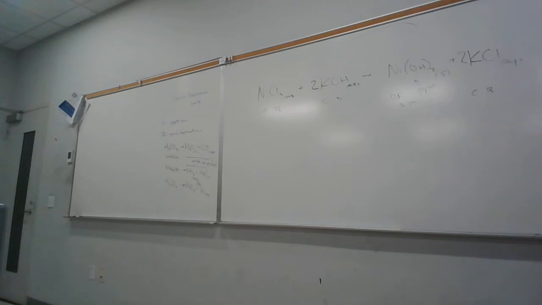So stronger to weaker acid. Usually I use the abbreviation SA for stronger acid. SA doesn't mean strong, it could be weak also, but just stronger than the product acid. And so SA to WA, stronger to weaker acid.